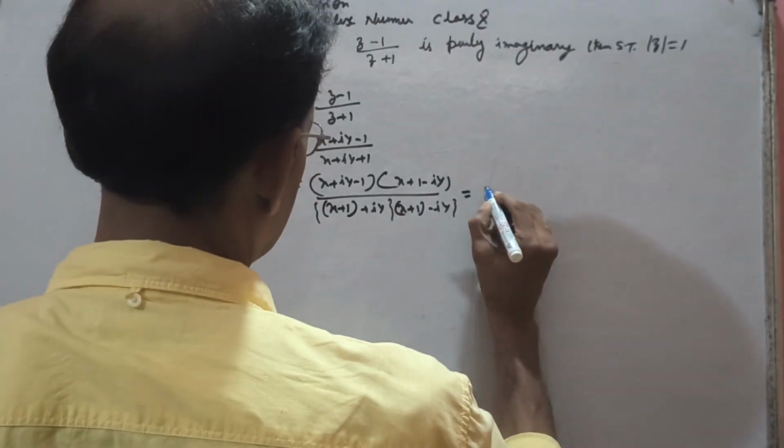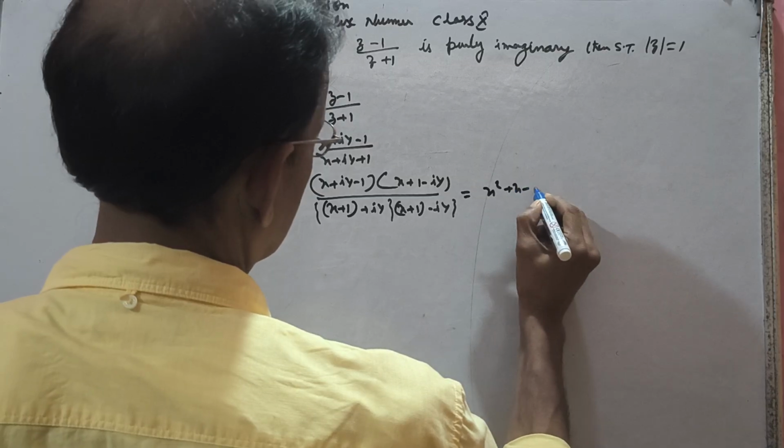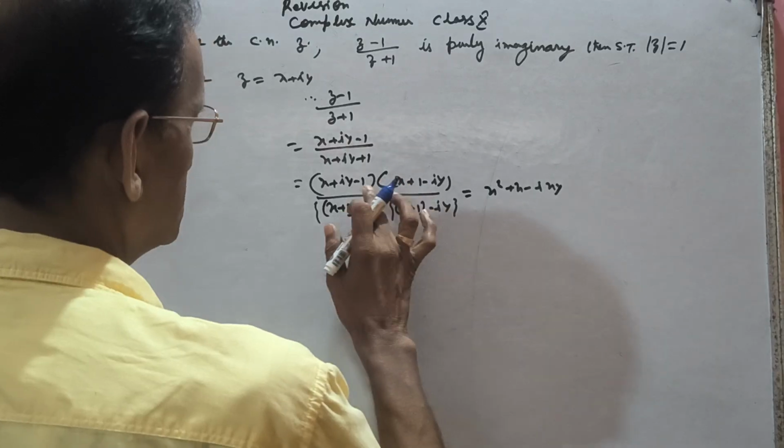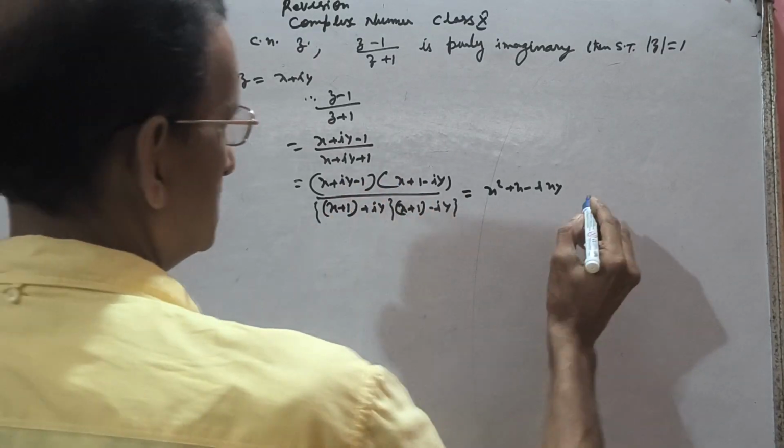Now multiply carefully. x square plus x minus ixy, multiplied by x, then multiplied by i.